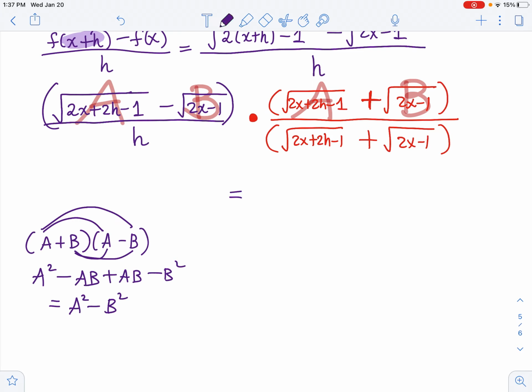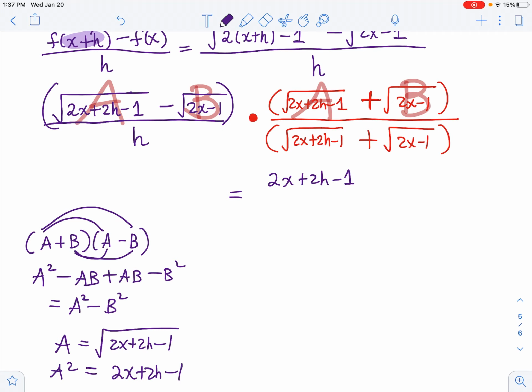So when I multiply them, the numerator will get a squared. If a is square root of 2x plus 2h minus 1, a squared is just going to be the radicand coming right out. So I will have 2x plus 2h minus 1 coming right out. And then what do I need? I need the minus sign after that.